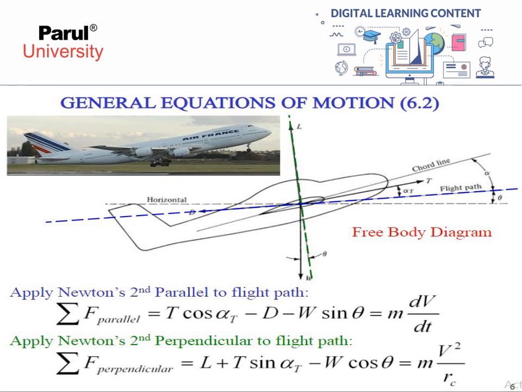Applying Newton's second law parallel to the flight path, the summation of parallel forces is T cos alpha t minus drag minus W sin theta equals m dv by dt. Applying Newton's second law perpendicular to the flight path, the sum of perpendicular forces is lift plus T sin alpha t minus W cos theta equals m v squared by rc. rc is the radius of curvature, the radius of the earth.